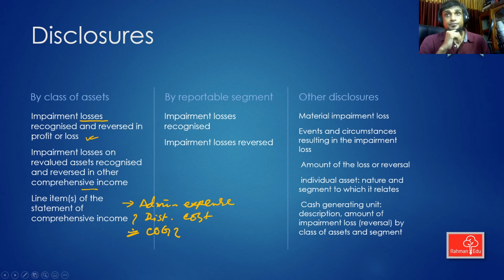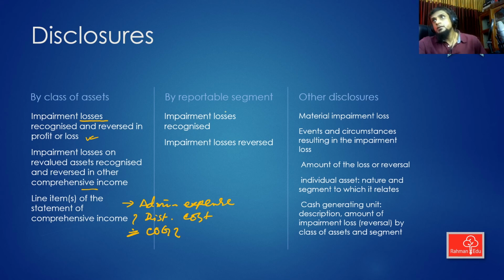It depends on the use of the asset. Like factory machine, maybe impairment loss you will put in COGS because those are used for producing the inventories. Maybe head office building, impairment loss you will put in admin because it's used for administration purpose. Sales type of thing, related to distribution. You got the idea.